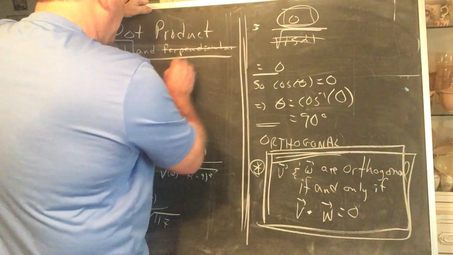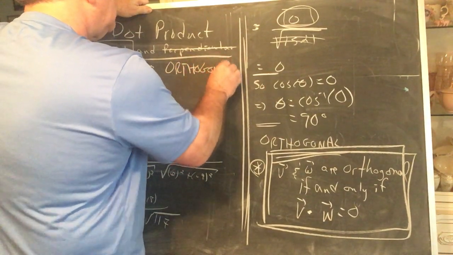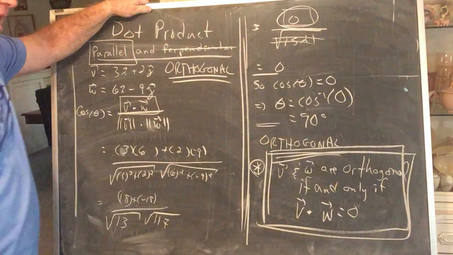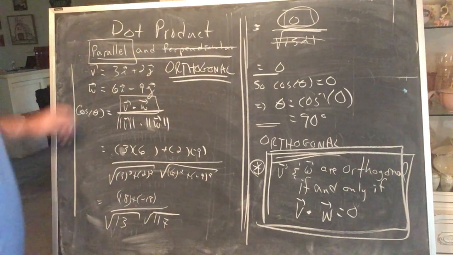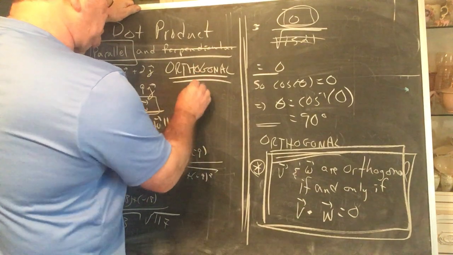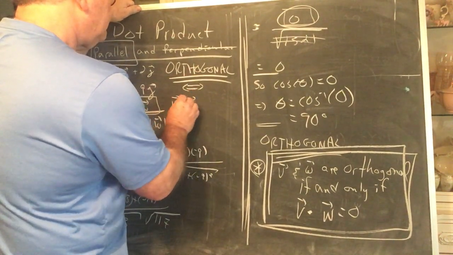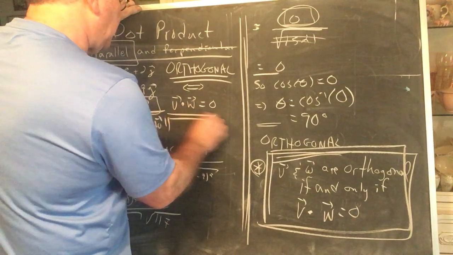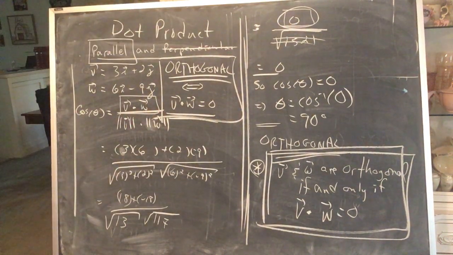Perpendicular, no, we're going to say orthogonal. Vectors are orthogonal if the angle between them is 90, and orthogonal is equivalent to saying that the dot product is equal to 0. Vectors are orthogonal if and only if the dot product is equal to 0.